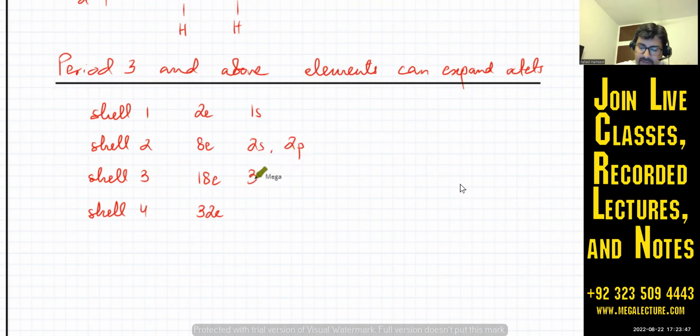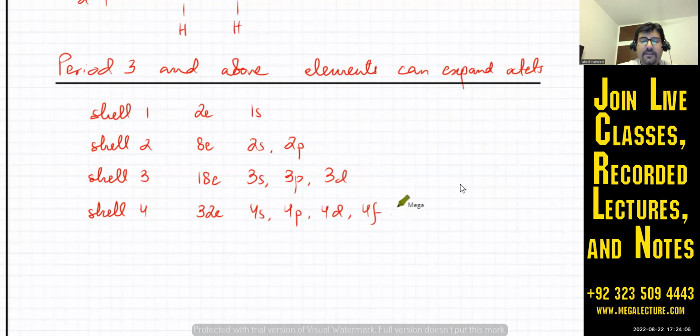Third shell, you're going to have 3s, 3p, and a 3d subshell as well. So that's 10 and 6 plus 2, that's 18 electrons. Fourth is 4s, 4p, 4d, and 4f.